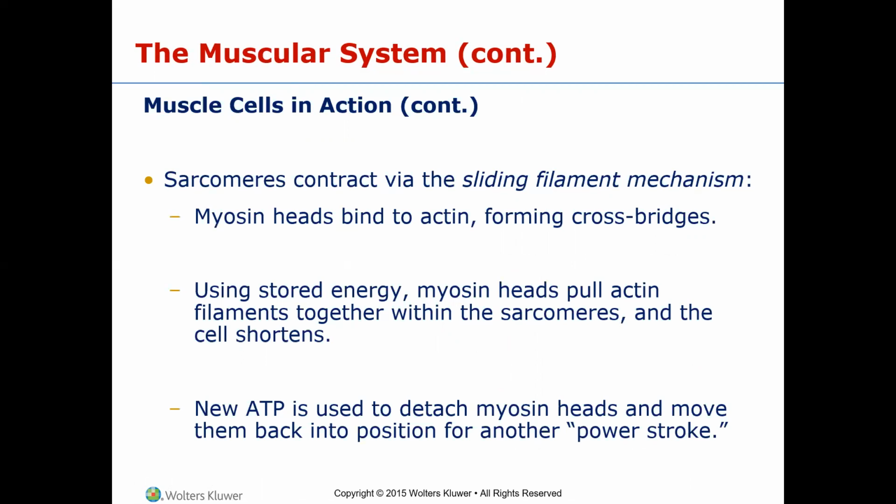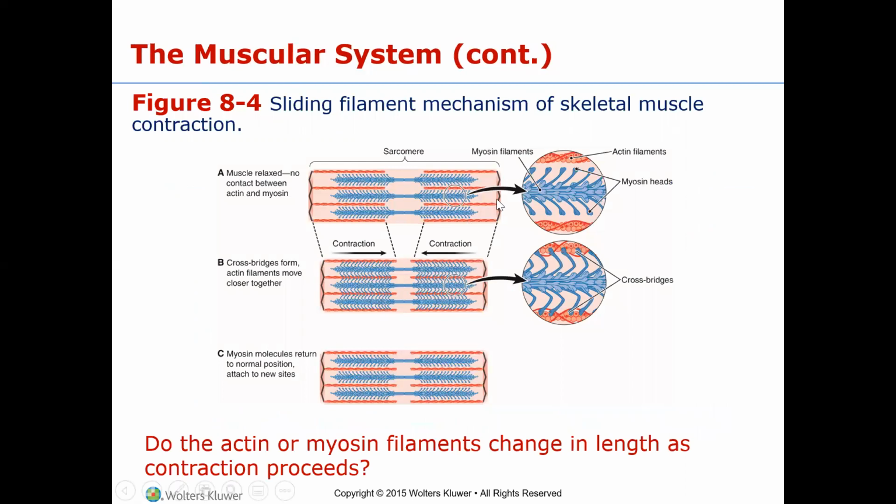And the one has teeth. The myosin has teeth like a comb. And it's going to lock into the actin and make it slide over each other. Of course, we need some energy for that to take place, and that's in the form of ATP. So this is what happens.